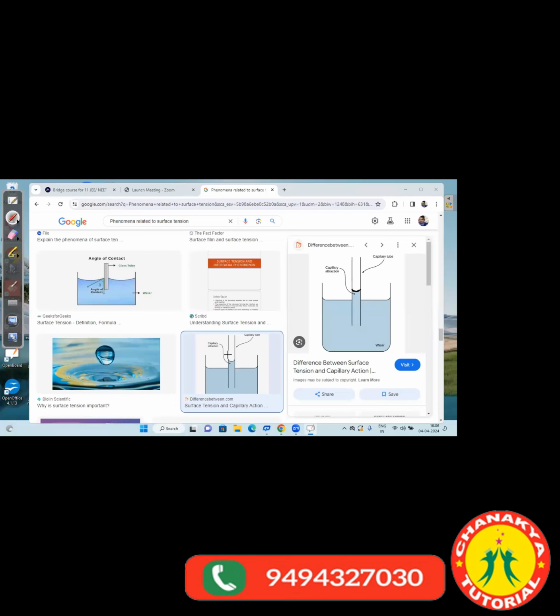They form their meniscus like this, upward. I'll just show you for mercury also. For mercury, the meniscus is upward, and this phenomenon is also due to surface tension.